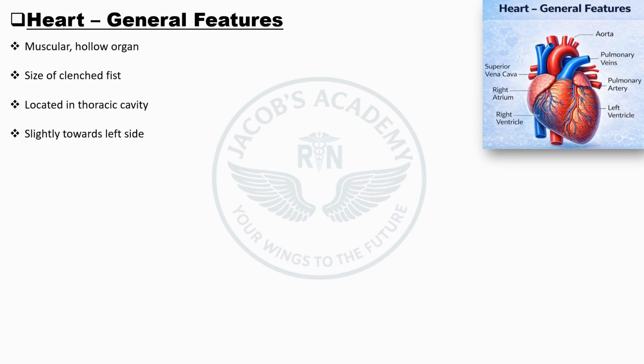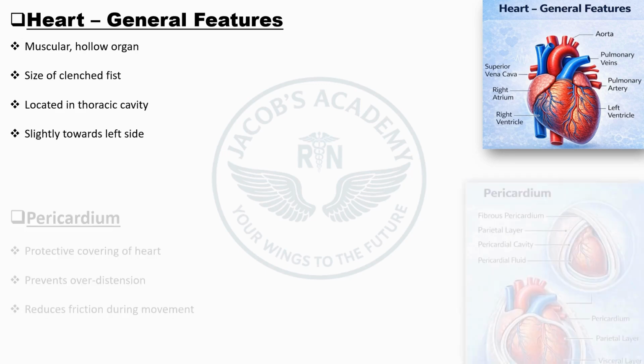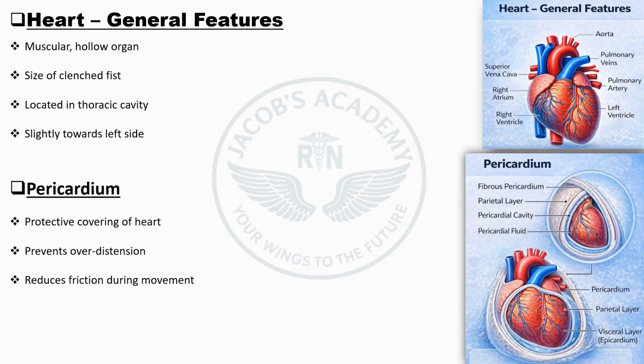Now let us understand the pericardium. The pericardium is a protective covering of the heart. It surrounds and supports the heart within the thoracic cavity. One of the main functions of the pericardium is to prevent over-distension of the heart during increased blood volume.